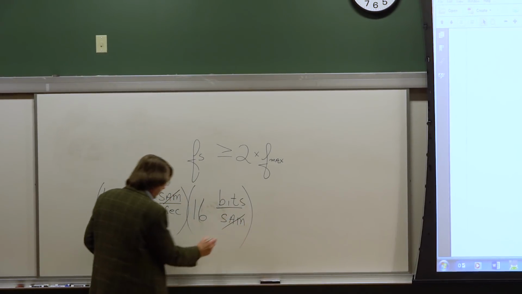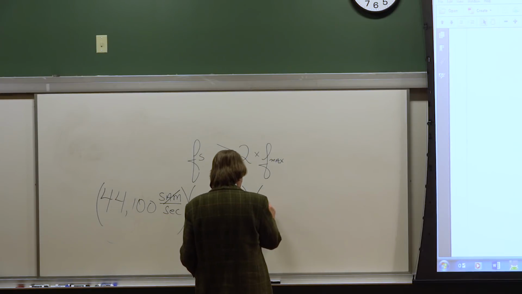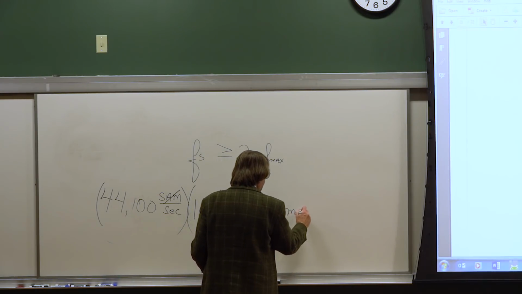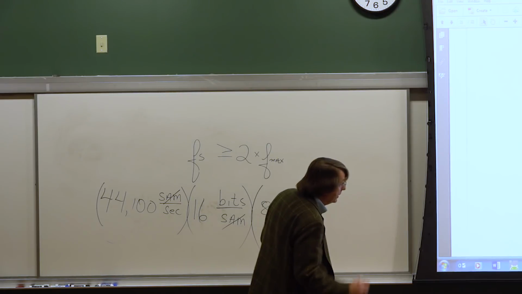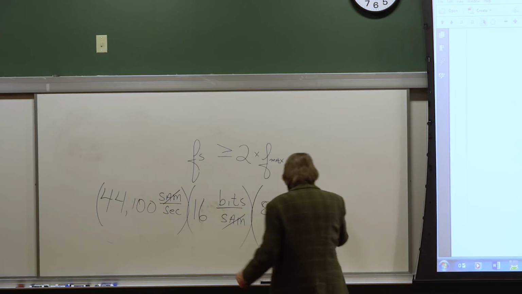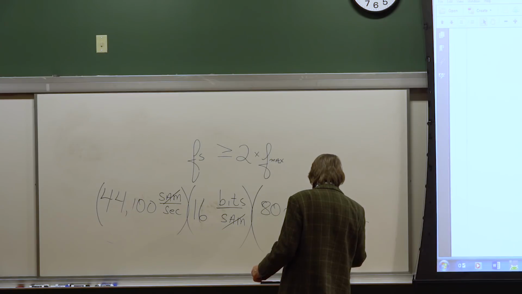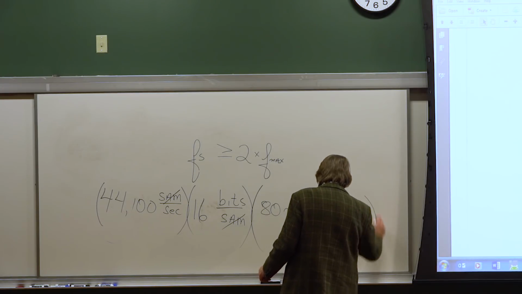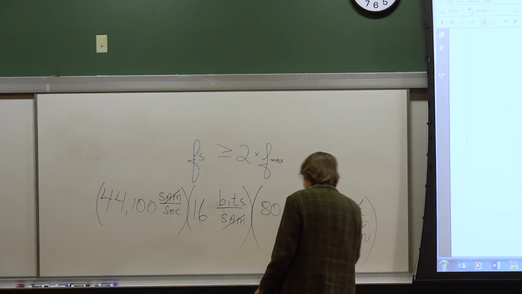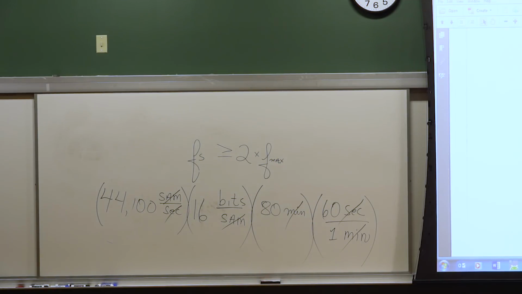So samples cancel. I'm left with bits per second. So what I now do is I multiply by 80 minutes. That's what I asked for, right? 80 minutes. I just got to convert minutes and seconds here. So I'm going to have 60 seconds divided by 1 minute. So the minutes cancel, the seconds cancel, and that's the answer. Huge number.